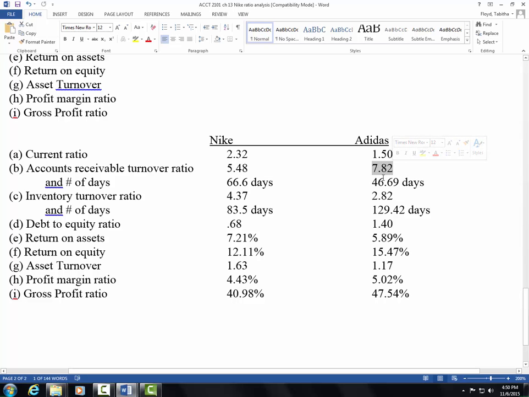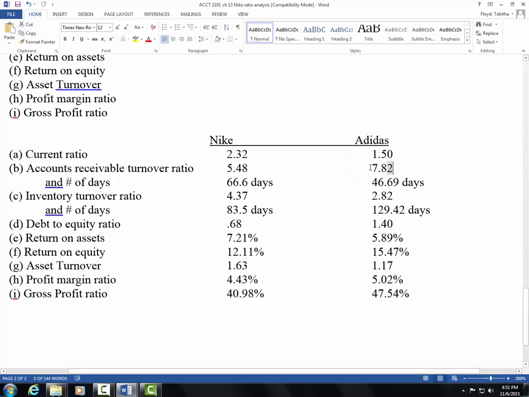Adidas is collecting their accounts receivable faster than Nike. If it's hard for you to understand the turns, you can convert those to days by taking 365 days, dividing it by this ratio, and you'll get the number of days on average it takes for the company to collect its accounts receivable.